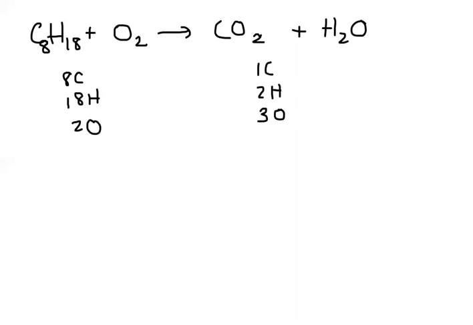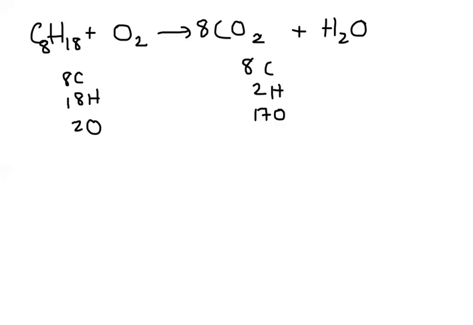All right, so our first step is we have to balance out those carbons. So let's put an 8 on the CO2. That changes both our number of oxygens and our number of carbons. So now we have 8 carbons and 17 oxygens, because we have 8 times 2, which is 16, plus 1 more on this H2O.